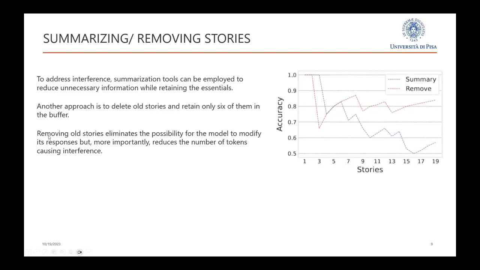And the other solution was removing old stories. So within the context you're working with, every time you add a new prompt, you remove one of the old prompts from the start. So you add story 10, you remove story 1. You add story 11, you remove story 2. So with this, you have a fixed context size.